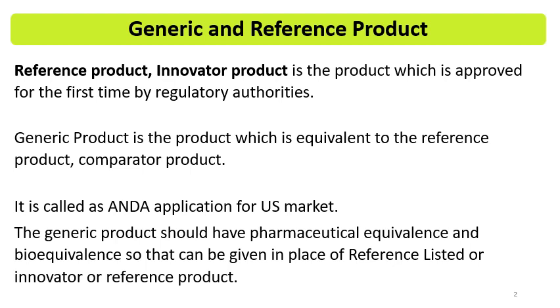Generally, whenever there is development of an NCE, that is a new chemical entity or new molecular entity, that is formulated into the formulation and the NDA is filed. If you consider the US market, then it is called NDA, or it is referred to as innovator or reference product.